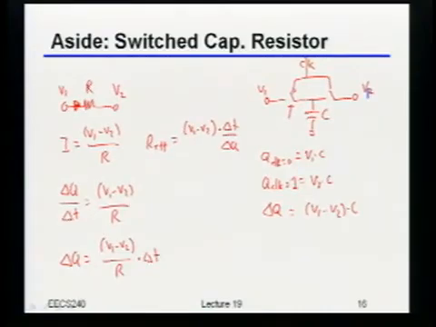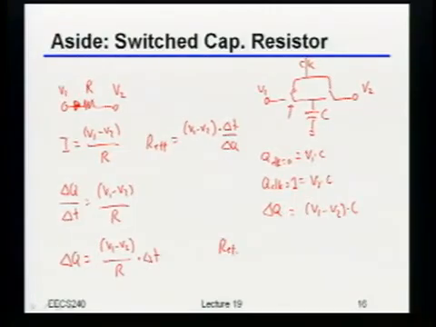Okay? So now all I'm going to do, since I had said that my resistance could be defined by basically V1 minus V2 divided by the change in charge per unit time, I'm just going to reuse that exact same equation to figure out what's the effective resistance of this switched capacitor network I drew here. Okay?